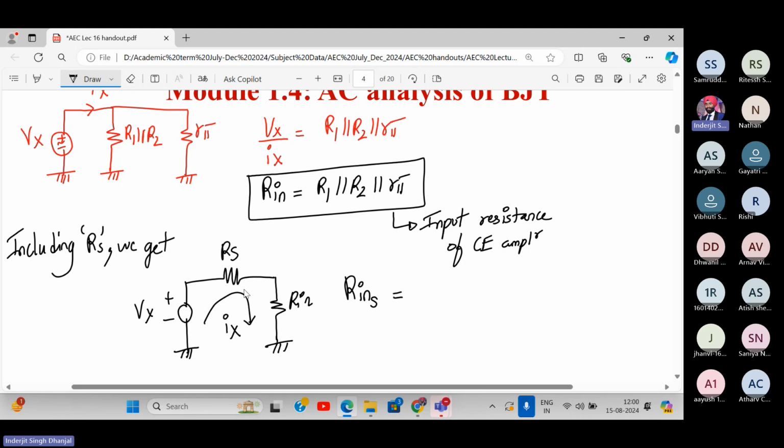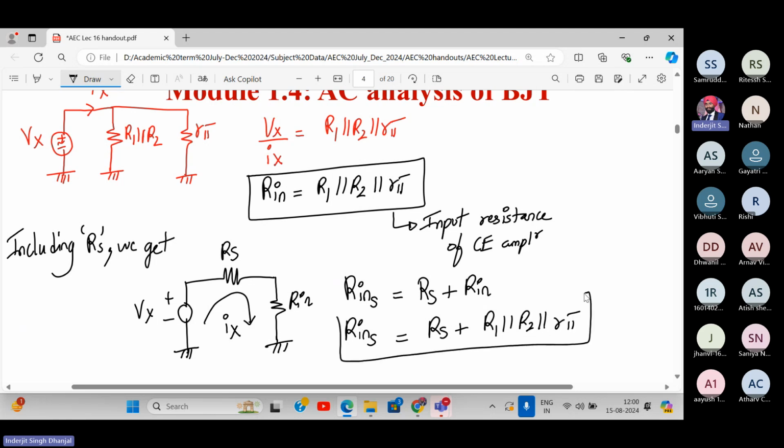Come on. Plus, na, plus. They were in series. This is plus, right? So what will it be? Rs plus Rn. So Rn including the source will be Rs plus R1 parallel to R2 parallel to R pi. Okay, so this is the input resistance of the CE amplifier including the source resistance.